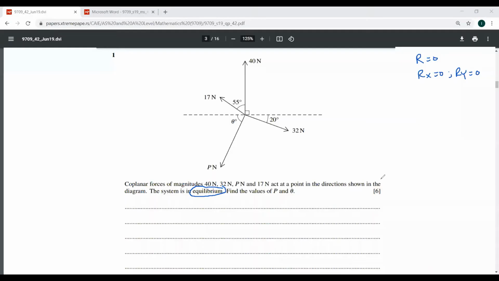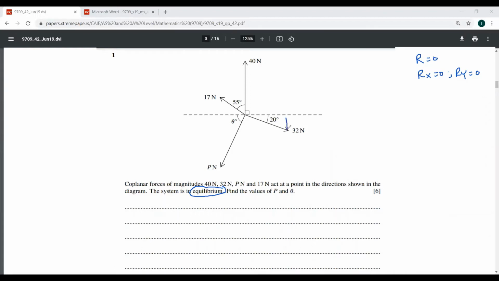Okay. So we have to find the P and theta. Okay, so guys, we'll be starting by resolving all these forces. First of all, I'll be resolving this force of 32 newtons.